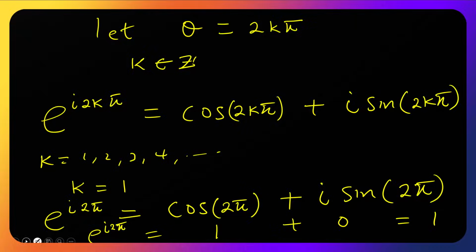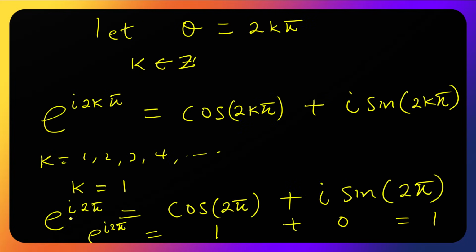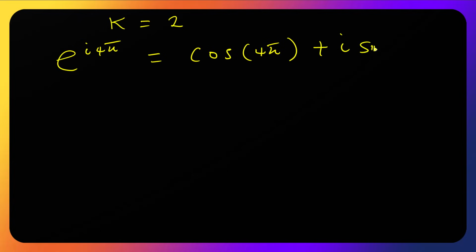Now let's go to k equals 2. This side will be 2 times 2, that will be e raised to i 4 pi equals cos 4 pi plus i sine 4 pi.